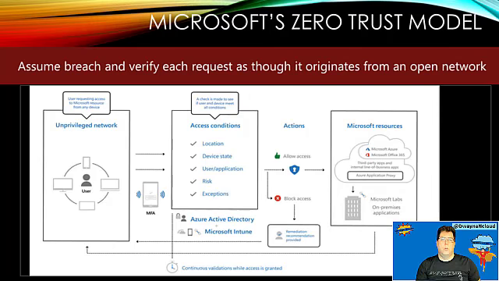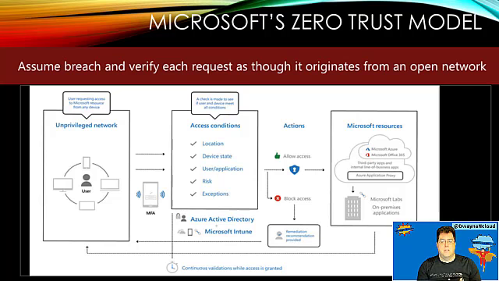So just to review the zero trust model and what we mean when we talk about that: with zero trust, we're assuming that every time a user is going to log in, there is a breach, and we need to verify every one of those requests and where it originates to make sure that person is who they say they are, and we're maintaining the integrity of their identity throughout.